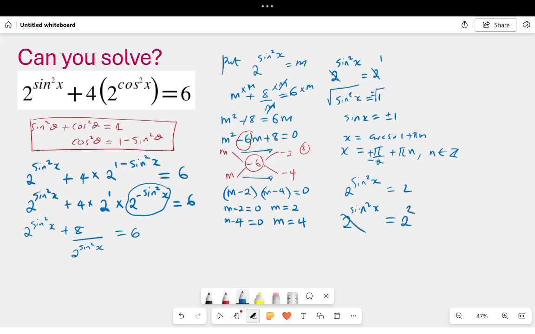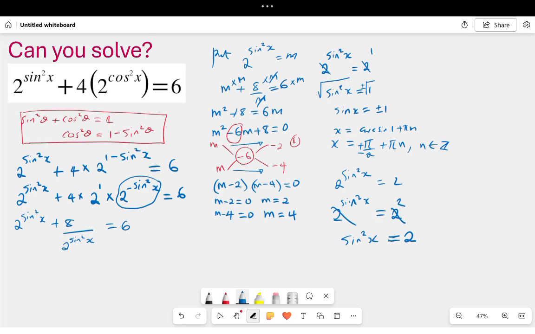Because the bases are the same, our sine squared x will be equal to 2. And this one, therefore, we conclude that sine x is equal to plus or minus the square root of 2.